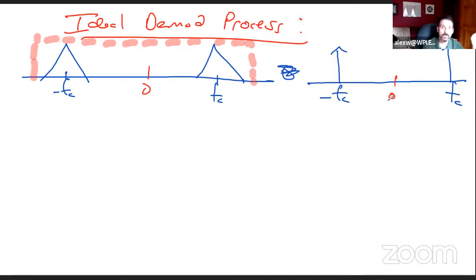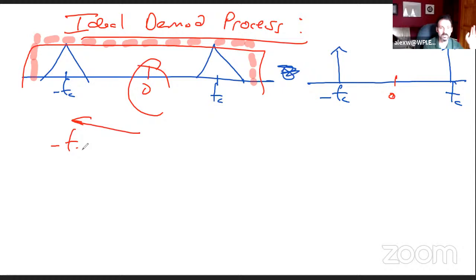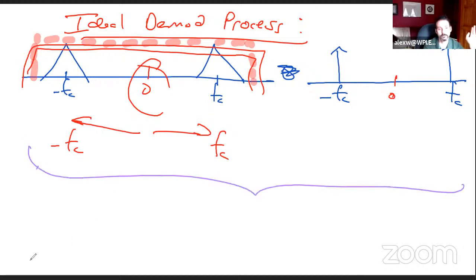What happens when you convolve against a delta that's shifted in frequency to minus fc and to plus fc? You get a copy of this thing centered at minus fc, and you take another copy of this and shift it to be centered at plus fc. So the result is going to look like this.